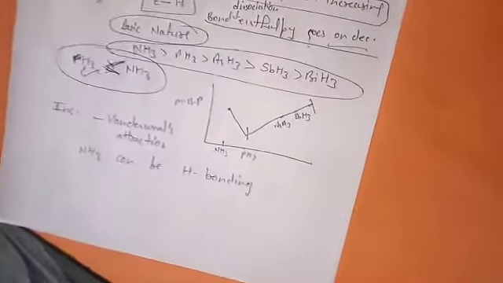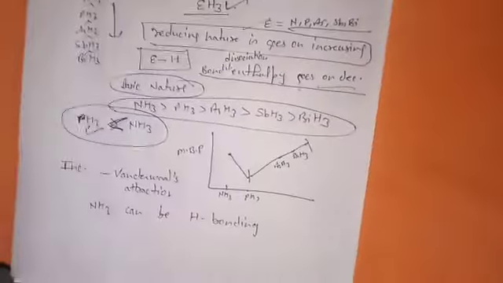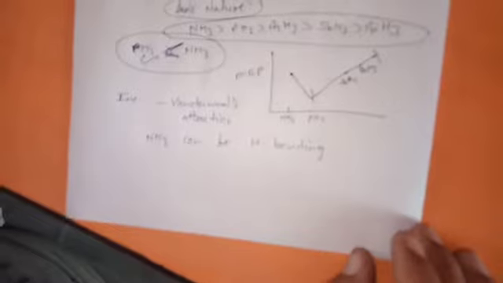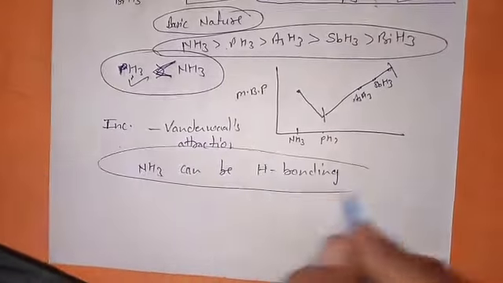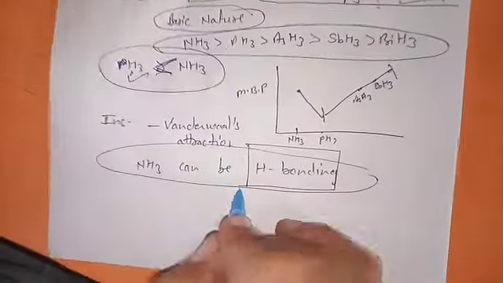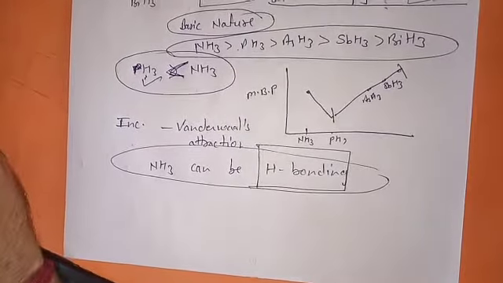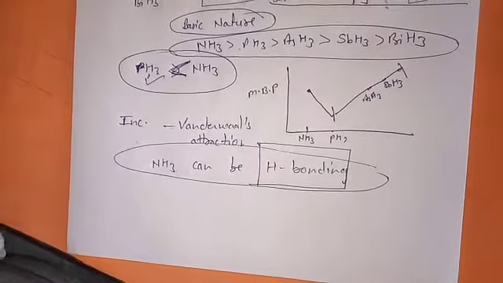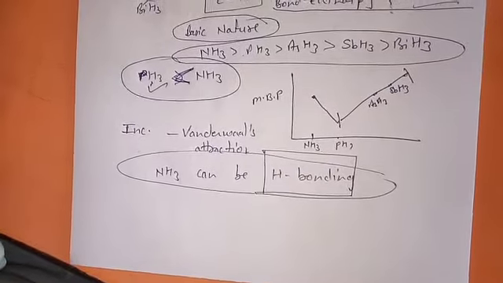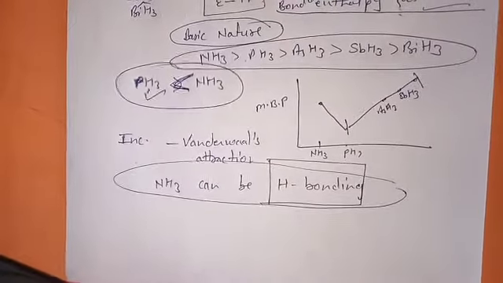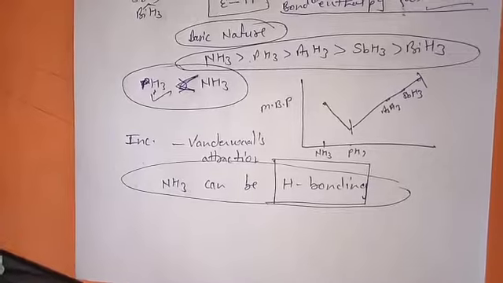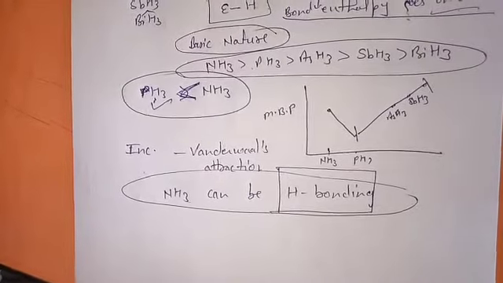And why does ammonia have a higher melting boiling point as compared to phosphine? However, the mass of phosphine is larger. So the whole reason is due to H bonding. Ammonia is capable of forming H bonding. That's why ammonia can exist in the liquid state and can have a higher melting boiling point as compared to phosphine.